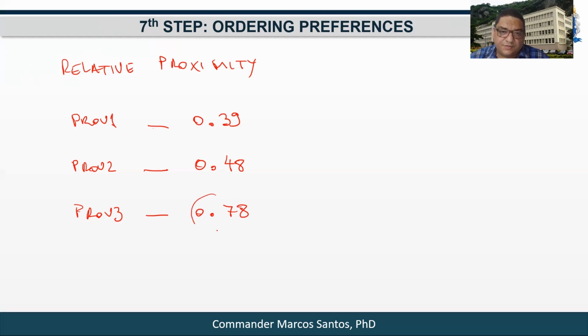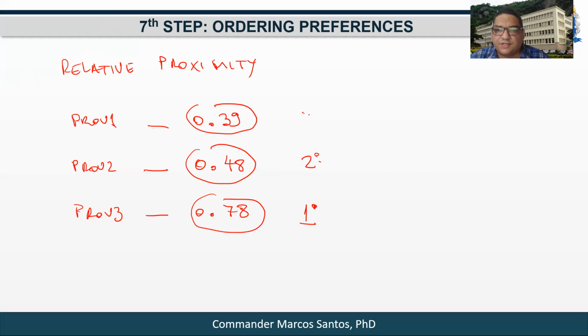So here we have the first, the best alternative, and 0.48 is the second alternative, and 0.39 is the worst alternative. And now we finish the method.